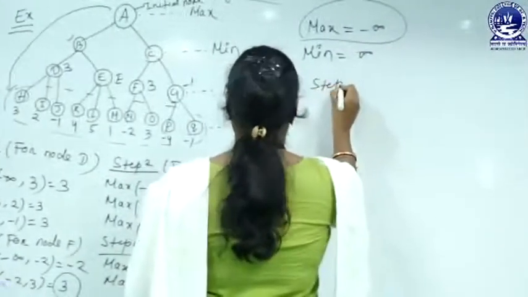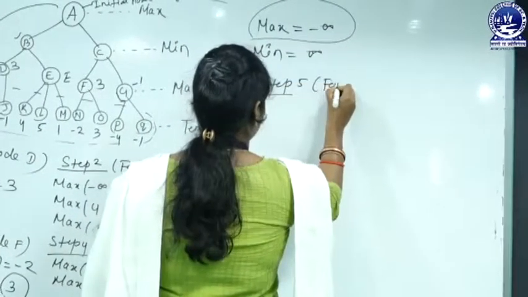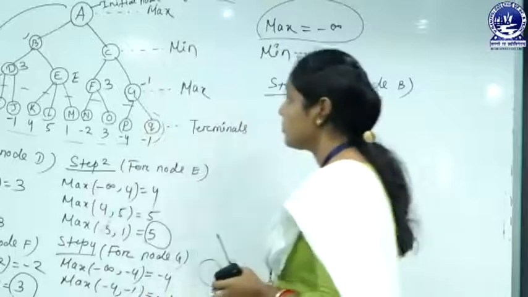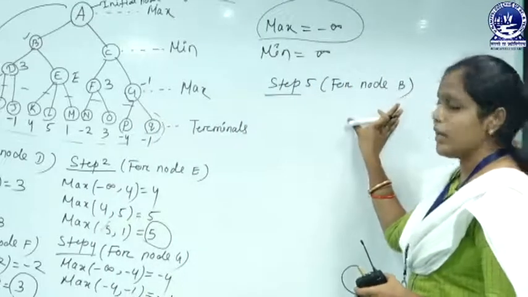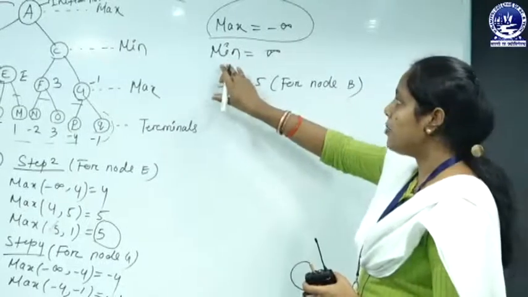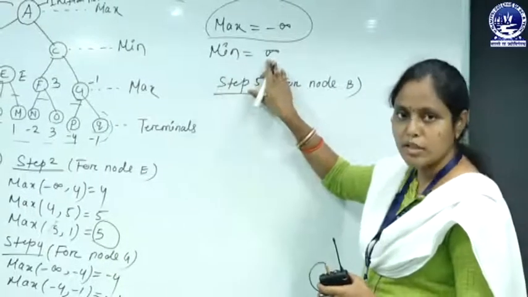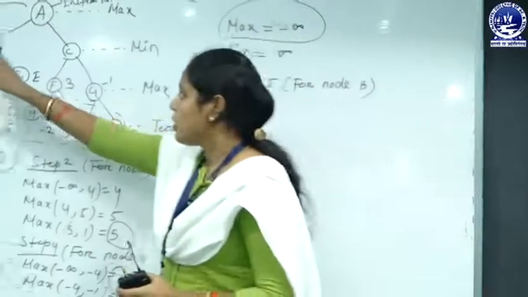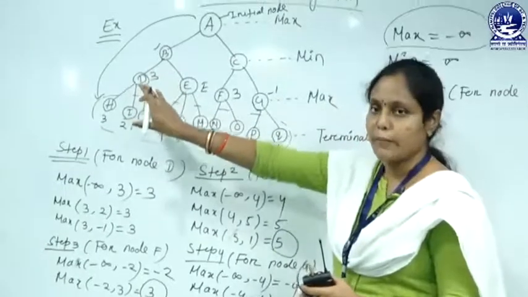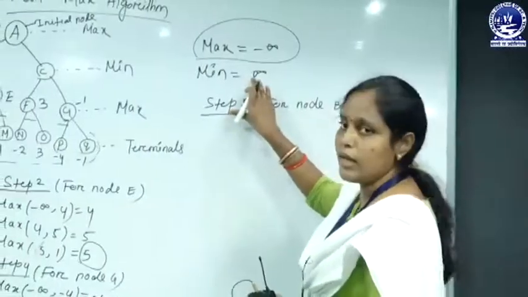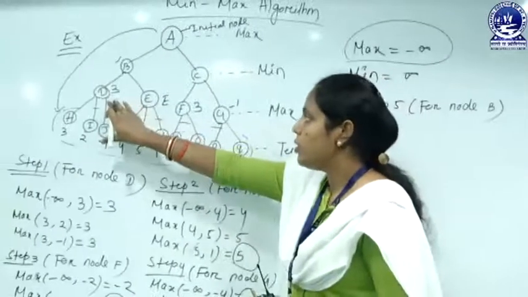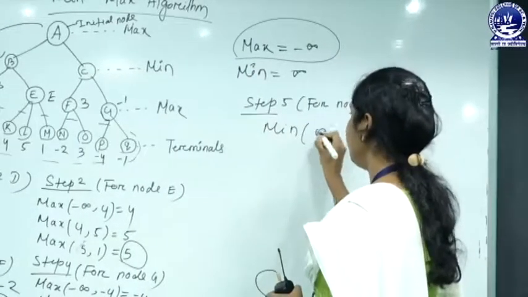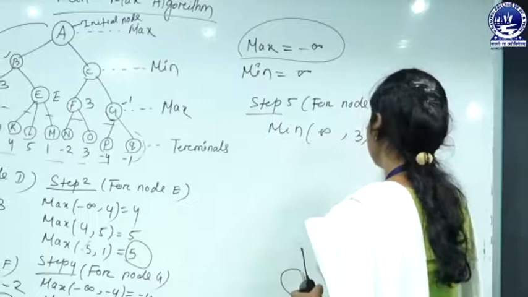Then step 5 for node B. Here for node B, first we take the minimizer initial value, which is plus infinity, and we compare this value with the corresponding successor value of node B. That means this infinity will be compared with the D value, which is 3. That means min of infinity, 3, which is equal to 3.